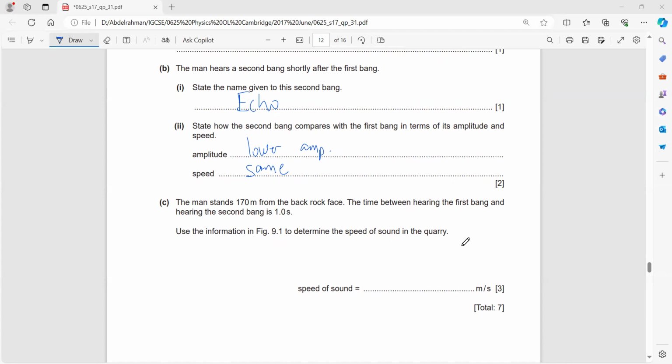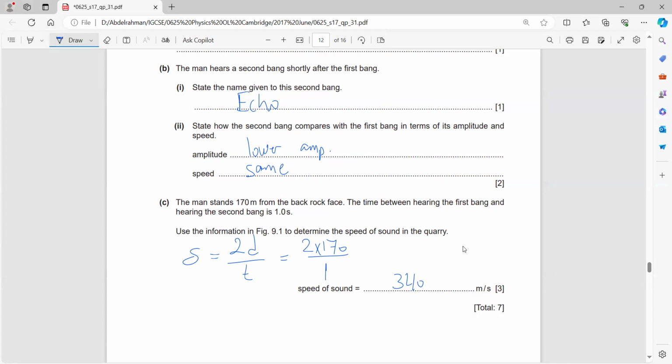This is an echo. Finding the speed of sound in an echo is distance over time. You have to multiply the distance by 2. So the distance was 170 meters, 2 times 170, divided by time, which is 1 second, gives 340 meters per second.